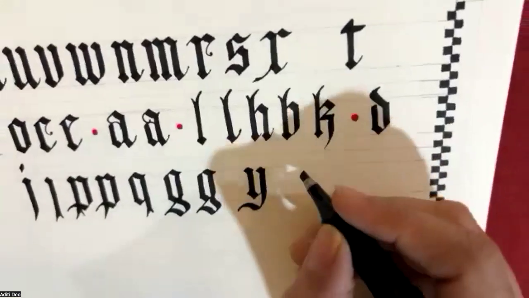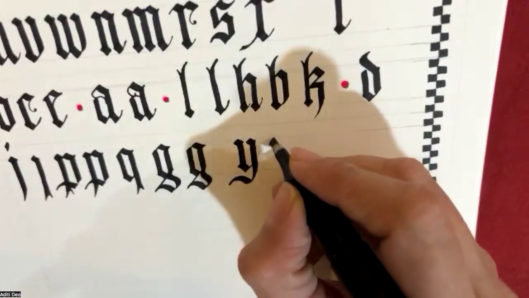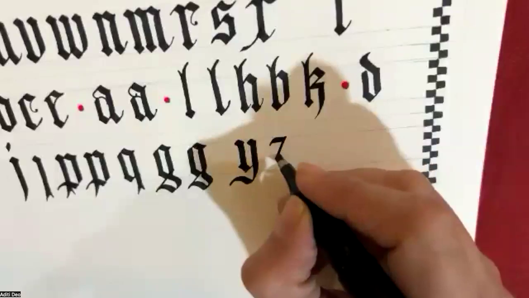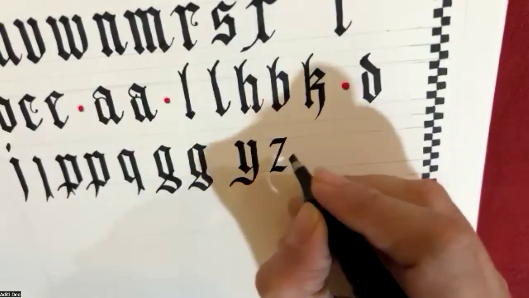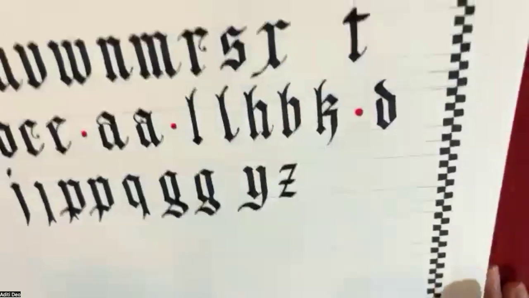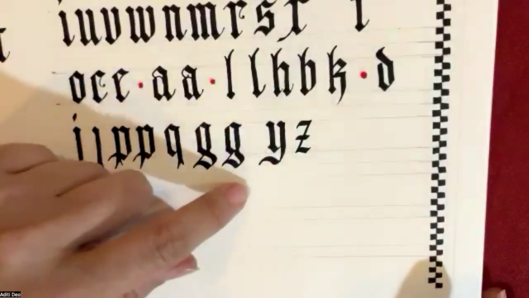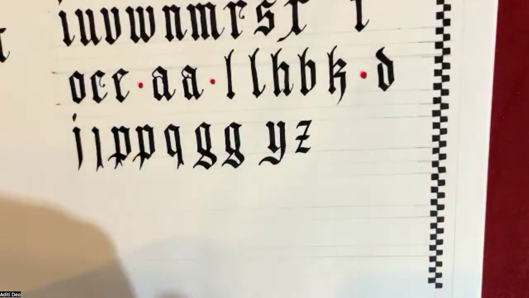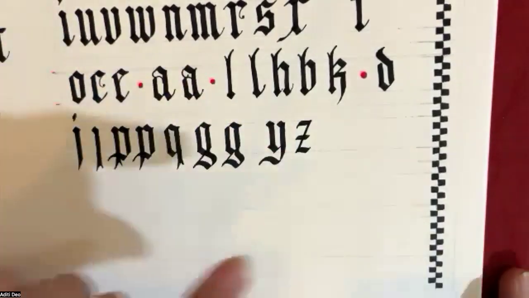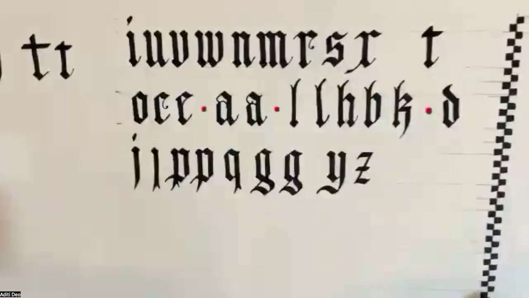And then we'll end it with a very simple Z. There are Zs which have these kind of descenders, but thankfully we don't use the Z so much, so we'll make do with this simple one.